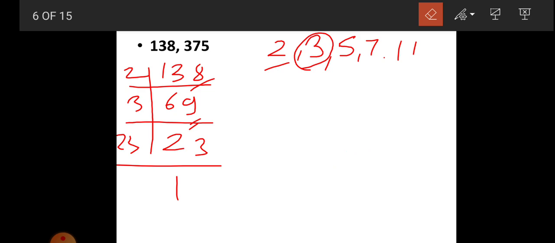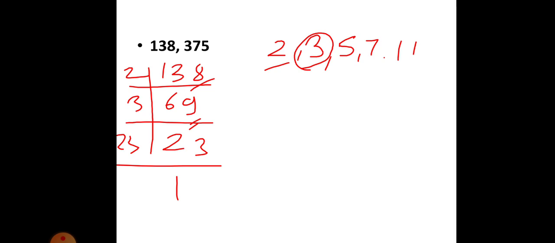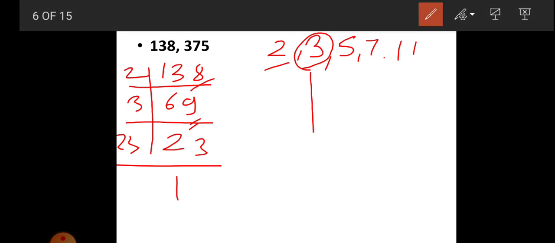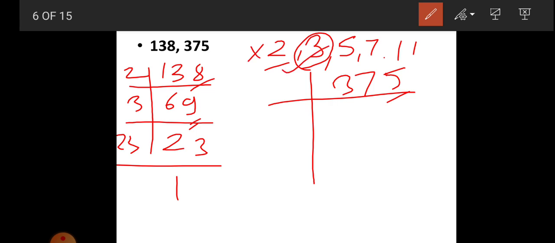Now next number is 375. Now here last digit is 5. 5 is not divisible by 2. So we can't divide by 2. Now 3. 3 plus 7, 10. 10 plus 5, 15. Means 15 is divisible by 3.